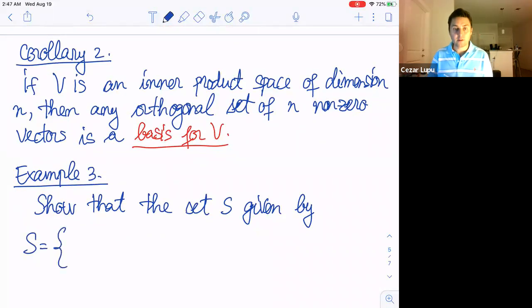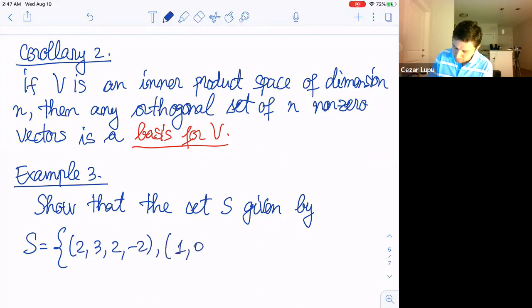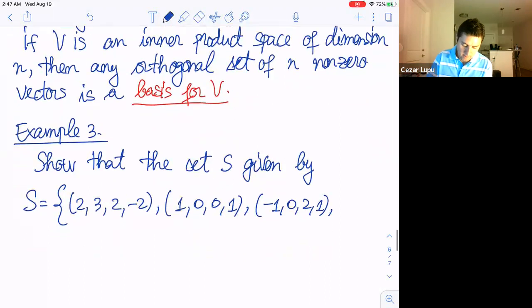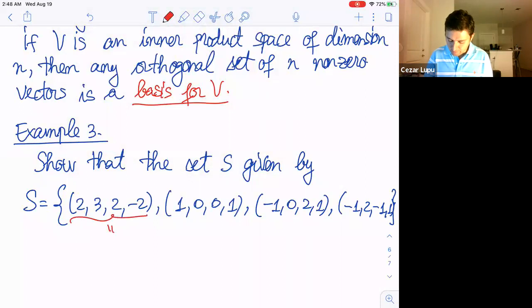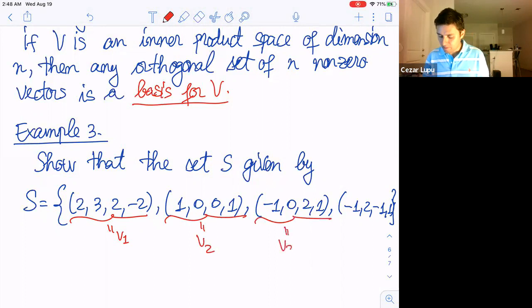I'm going to consider the vectors in R4, and the first one is (2, 3, 2, -2). So this is my first vector. The second one is (1, 0, 0, 1). The third vector will be (-1, 0, 2, 1), right? And the fourth one will be (-1, 2, -1, 1). Okay, these are the 4 vectors. So let's say this is V1, this is V2, this is V3, and this is V4.